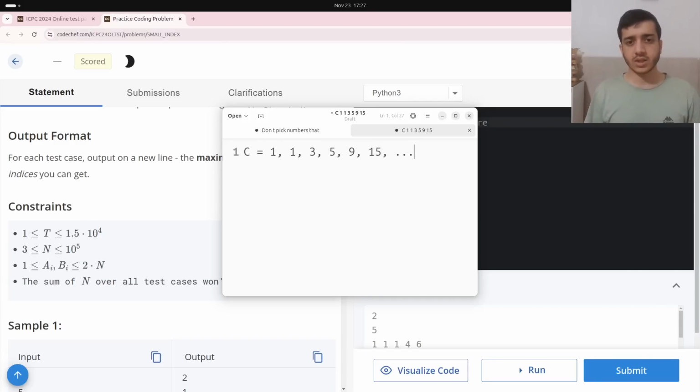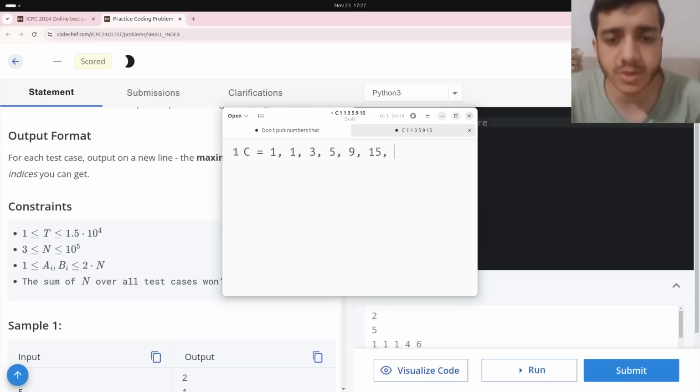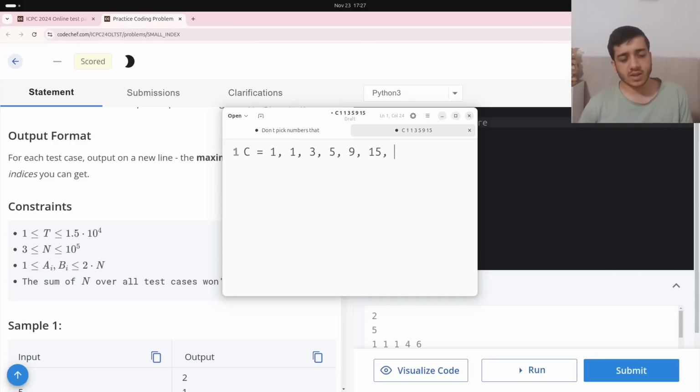The thing is, it grows faster than Fibonacci grows, so after a few terms, that's it. You can't find an integer that's not a small index.